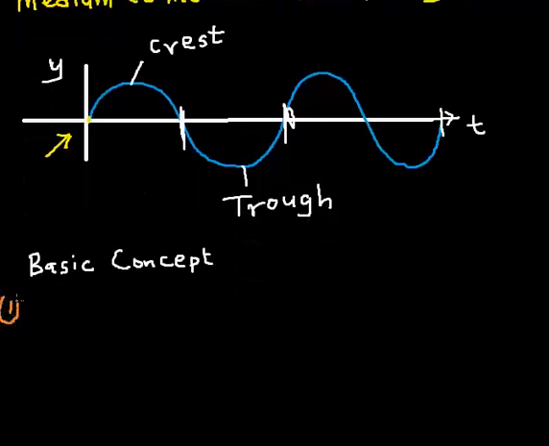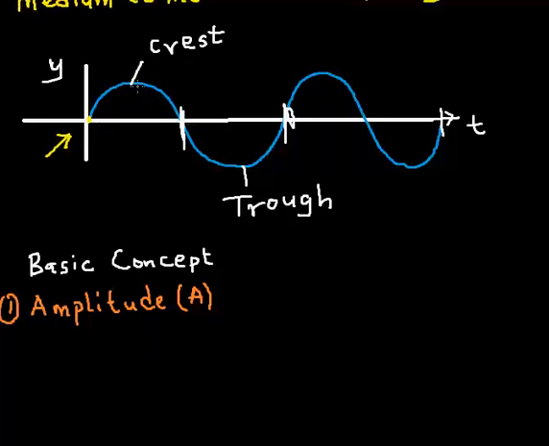The very first concept I want to discuss is the amplitude of the wave. The amplitude of the wave is measured from the source of the wave, where the wave was generated, or from the origin to the maximum: the vertical distance from the origin of the wave to the maximum displacement.